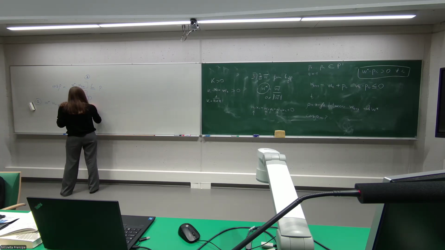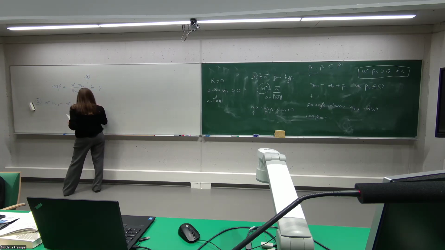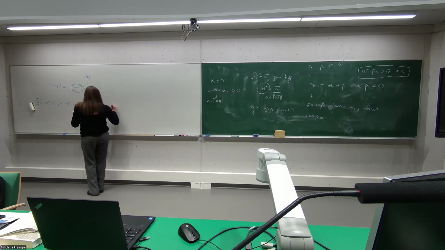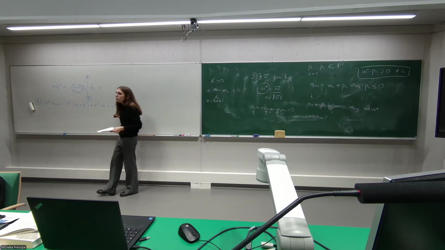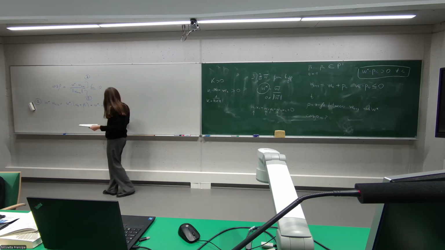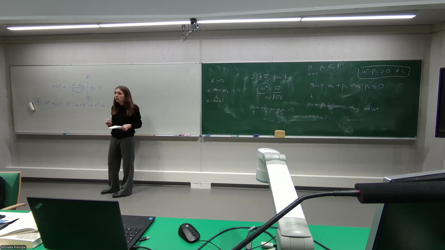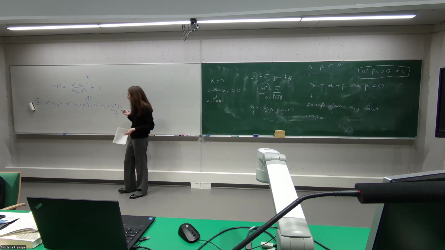Now I just multiply: W star times W_t plus W star times p_i. I just told you that the algorithm was wrong on p_i.